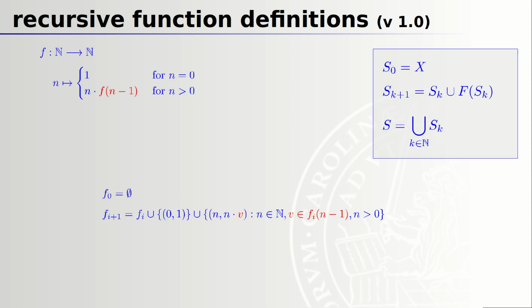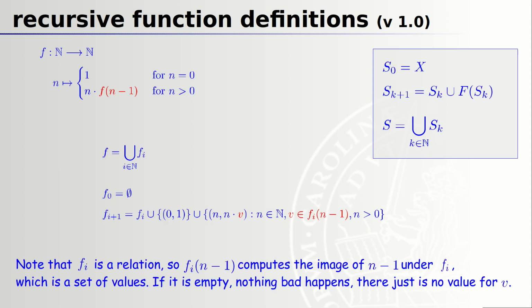As before, all the fi are then combined into a union. Note that in this case, nothing bad happens if the fi isn't defined at a given point. If it isn't defined for some n minus 1, then no pair will be added to the fi plus 1 for the corresponding n. And that's all that's happening. So this is now how we interpret recursive function definitions.